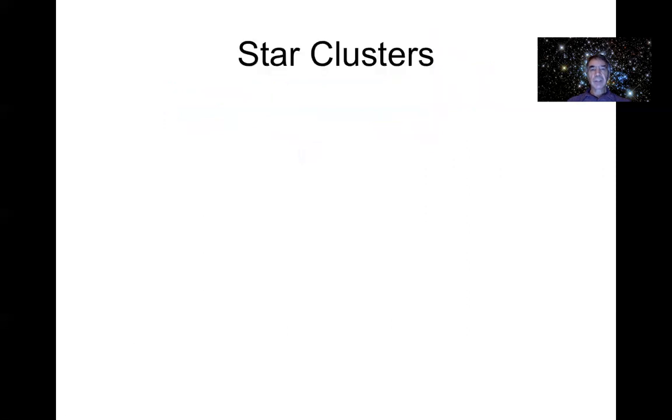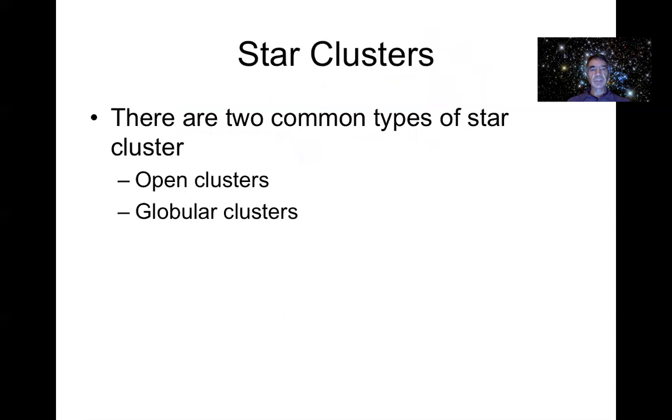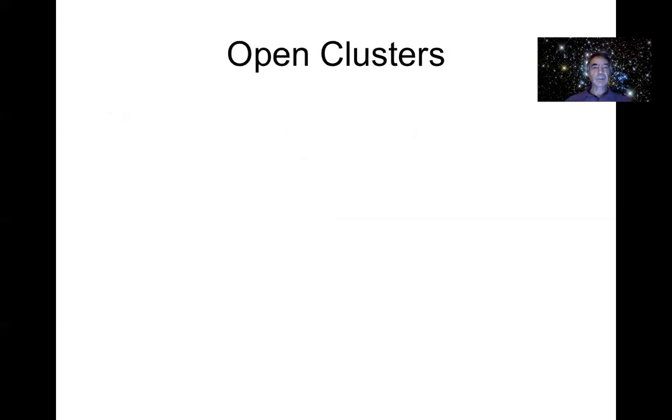Okay, so let's get a little bit more detail on star clusters themselves now. For the purposes of this module, we can just divide them into 2 very common types of cluster. These are referred to as open clusters, and the other type is globular clusters. Okay. So let's discuss each of those in turn.